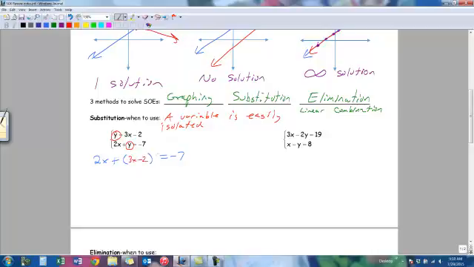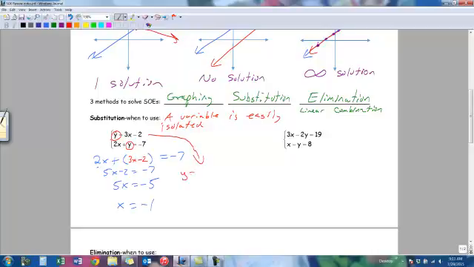All right, now since there's only one variable, it's easy to solve. So 2x plus 3x is 5x minus 2 is equal to negative 7. Add 2 to both sides, you get 5x is equal to negative 5. x is negative 1. Now, once you have x, you still got to go back and find y. It doesn't matter which equation you use, but I'm going to use the first one because y is just aching to figure out what its value is.